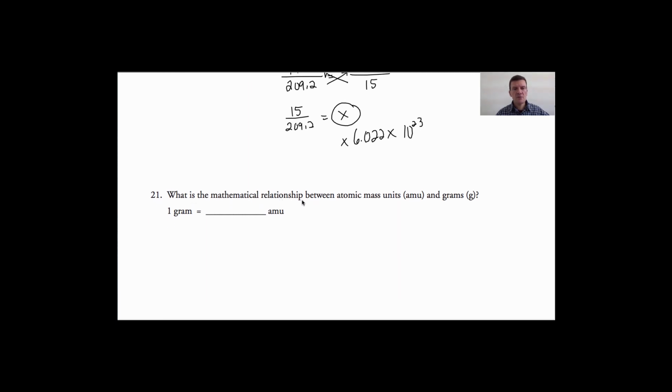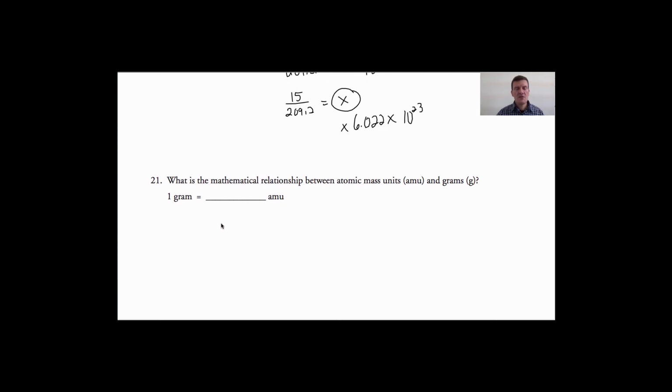So, what is the mathematical relationship between atomic mass units and grams? Well, 1 gram is how many AMUs? Let's look at what we've been doing here. If you have 1 AMU for, let's say, hydrogen, hydrogen has an atomic mass of about 1 AMU, and then you have 1 gram, then you would multiply by 6.022 times 10 to the 23rd in order to get the number of grams, right?